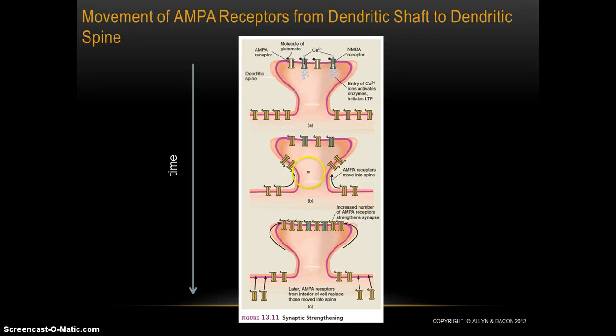So this picture kind of shows the movement of AMPA receptors from an area called the dendritic shaft, which is down here, where these AMPA receptors start. Here again is a dendritic spine, which is an outgrowth from the dendrite of a postsynaptic neuron.